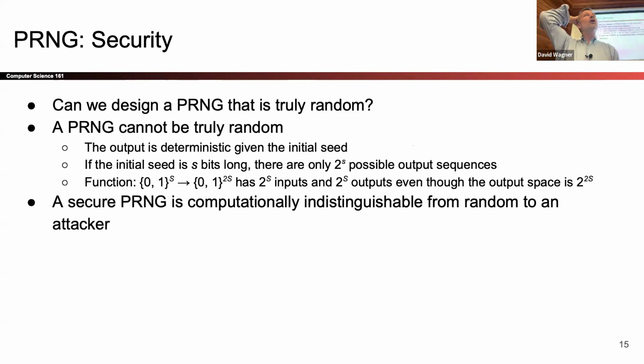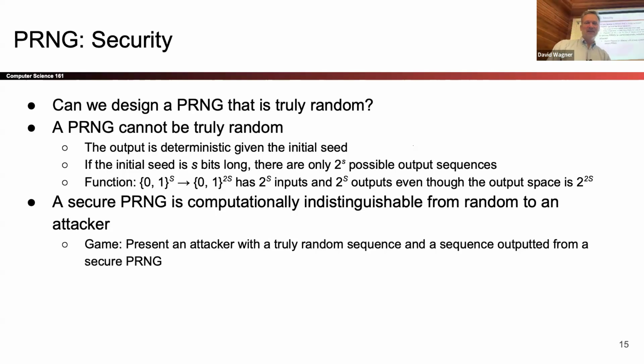But what we're going to demand is that no attacker who has a limited amount of computation time, like $1 trillion of cloud computation credits, should be able to detect any patterns that indicate a deviation from what you would expect if this were truly random. Okay, so the formalization involves a game.